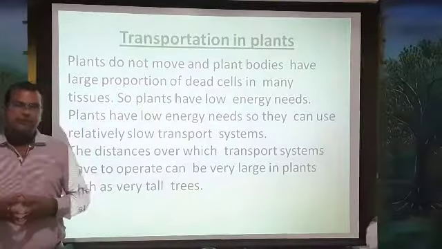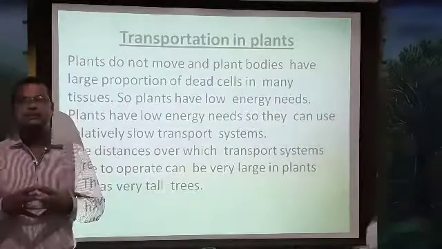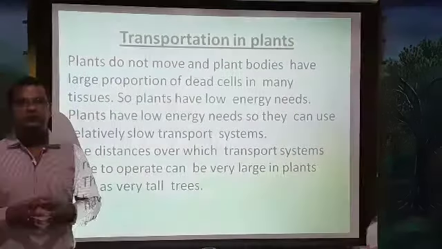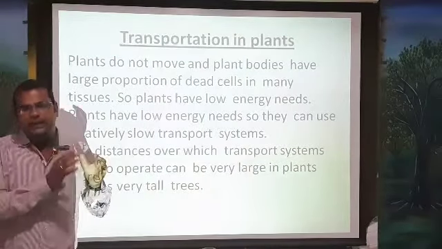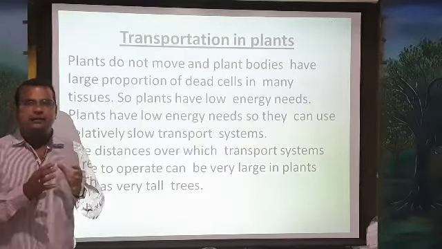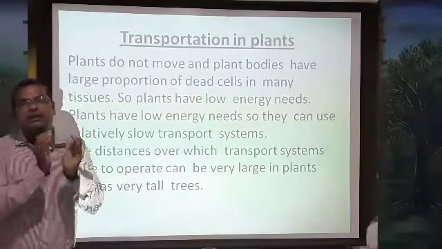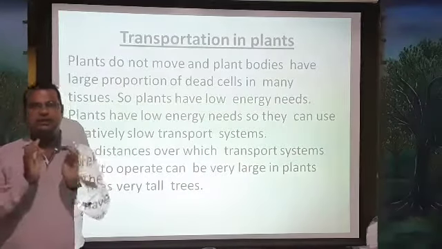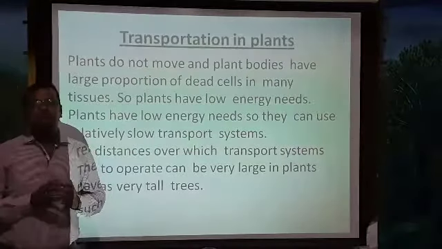At the same time, the plant also needs other materials for growth and development. The food is prepared in the leaves, and they need many raw materials like carbon dioxide, water and chlorophyll.